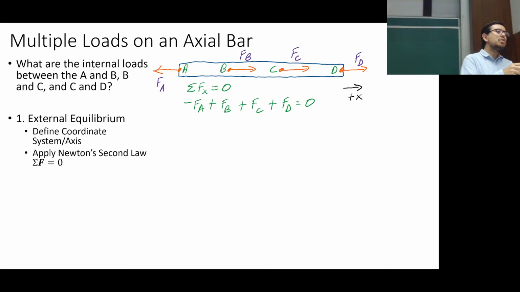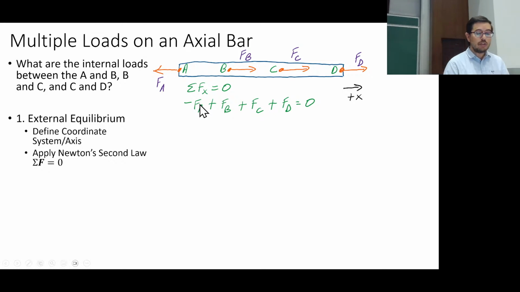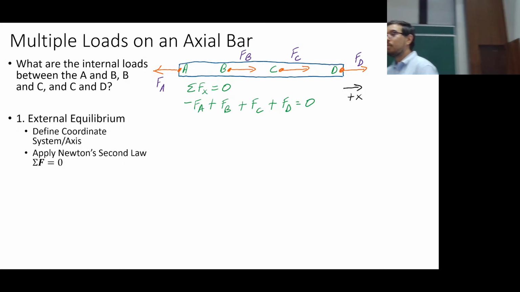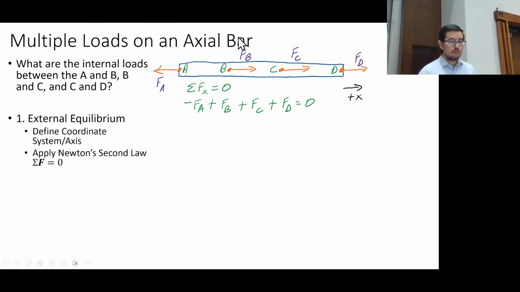These are the forces that your system is going to be experiencing. So if you were given all the forces that the system is experiencing, then this should equal 0 if it's not accelerated. Now, what if we want to figure out what the internal force is between A and B?